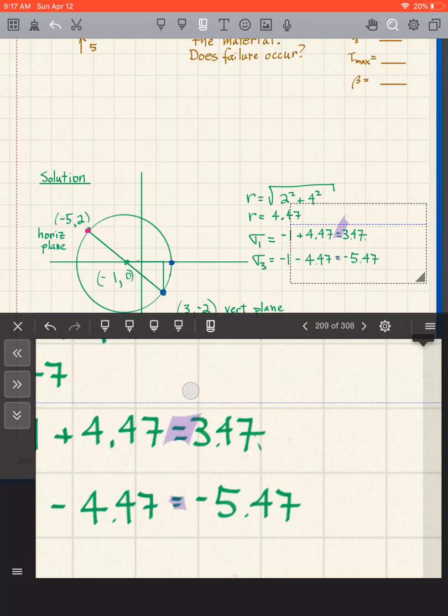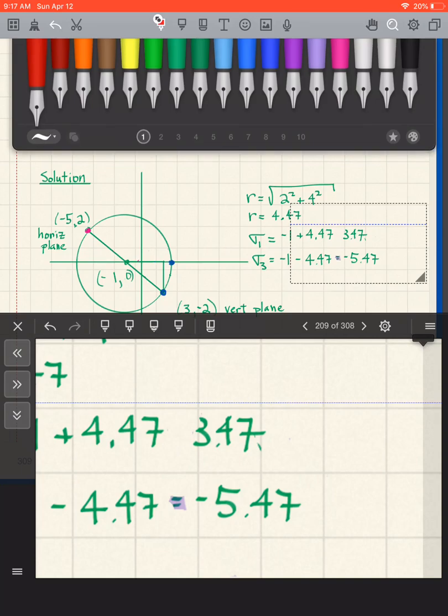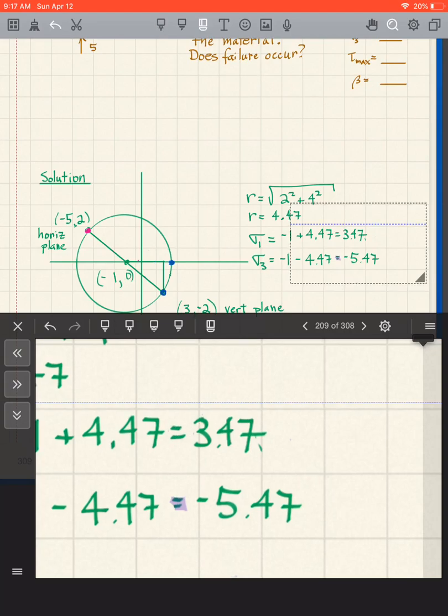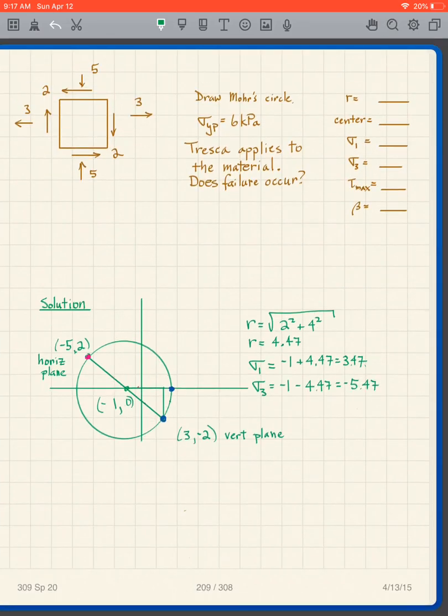And so notice, again, neither sigma 1 nor sigma 3 is greater than 6. So at this point, we may think that there would be no failure because everything is less than 6.